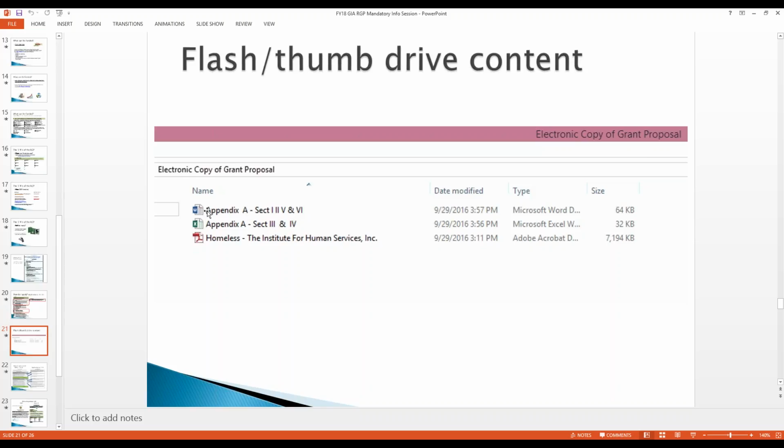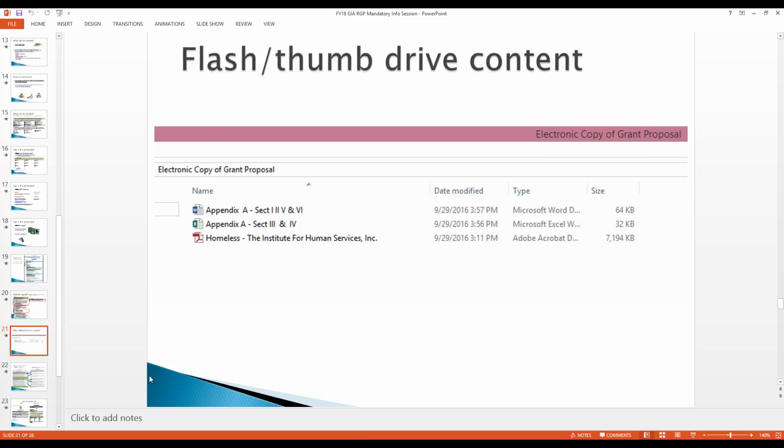So again, these two documents are available on the purchasing website, and we do ask you to submit a soft version of these two documents. Save it in Word document and Excel document. So that's how the content of the flash or thumb drive should look like. And something that we are not going to accept is CDs, because we don't have the drives in our computers anymore. We can only accept flash or thumb drives.